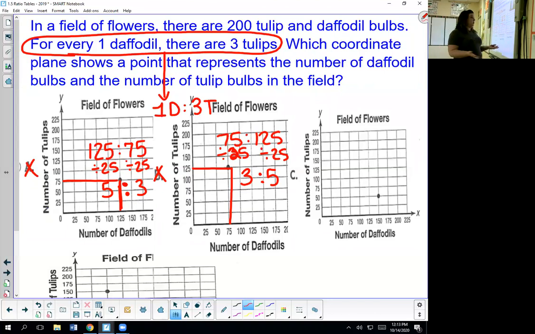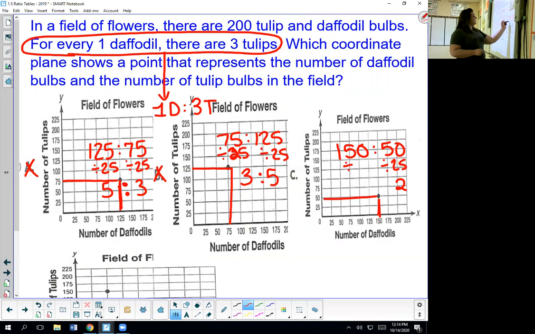Yes, you would have to do this for each of them. That's a good strategy because we talk about finding the best way to do these. So this is saying 150 daffodils to 50. You should tell me no. Because if I divide this by quarters, I get 2.